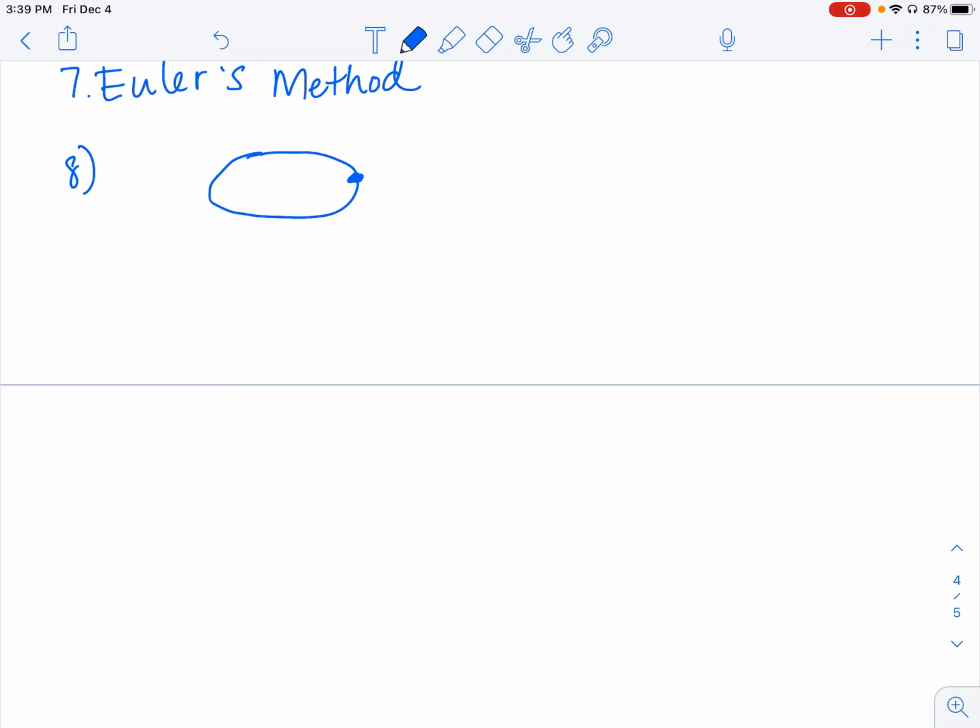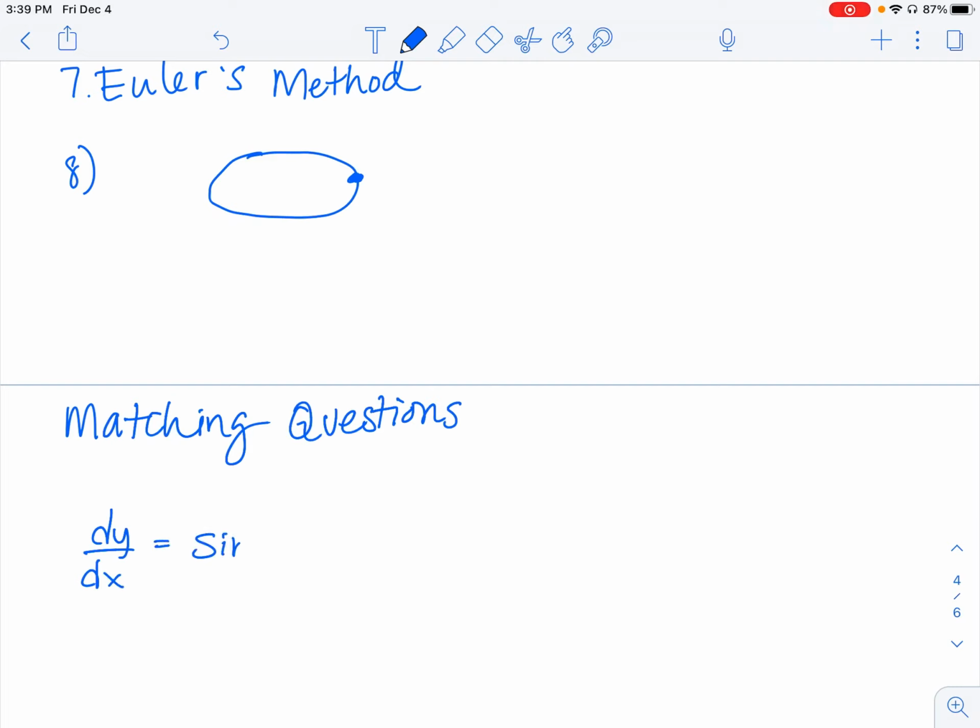For the next matching questions for our slope fields, the best advice I can give you is when you have, let's say, for example, dy dx is equal to sine x.